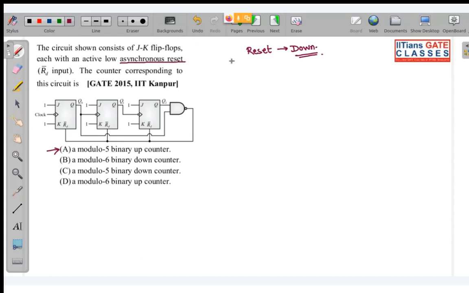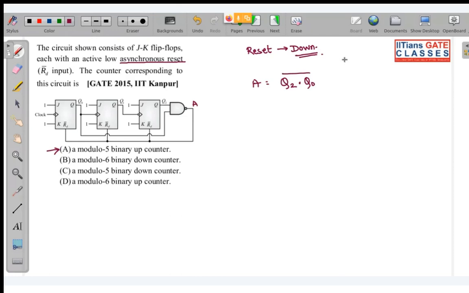Asynchronous reset will be activated when you have 0 for the first time. So let me assume this is A. A is equal to Q2 dot Q naught complement. So this is actually reset.